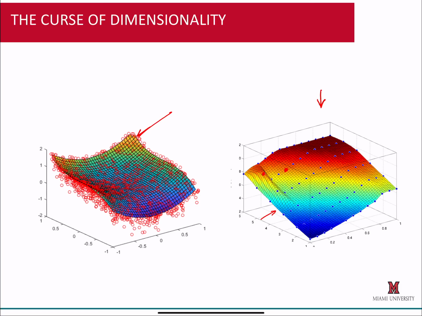Even one point that deviates a little from the rest can make that plane tilt too easily. That's what the curse of dimensionality tells you.